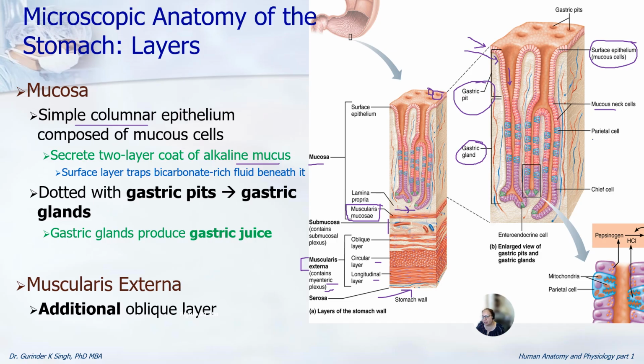These are called parietal cells. And then you see green color cells right here. These are called enteroendocrine cells. Right now I want you to remember them: parietal cells, endocrine cells, pink color, darker pink is mucosal cells, and then we have purple color cells called chief cells. We're going to mention what they produce in the next slides.